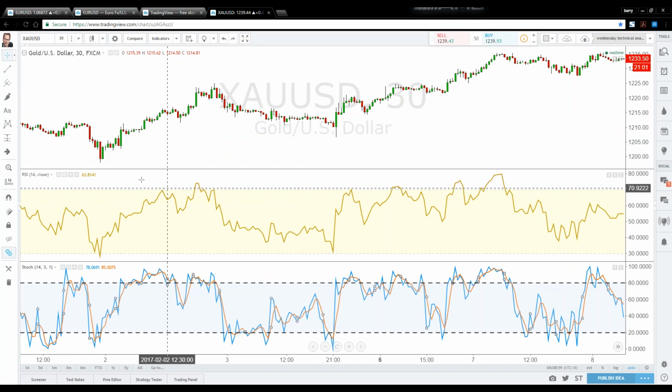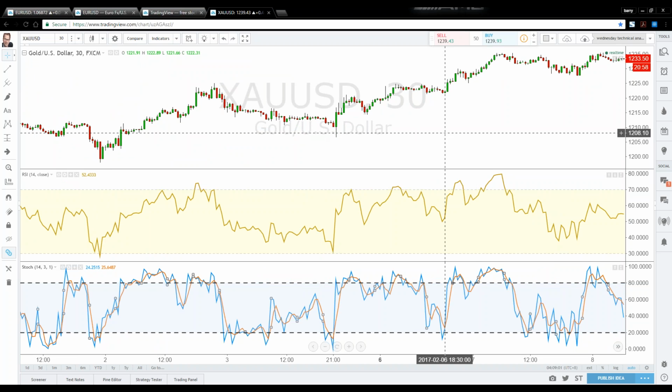Now, we see price up above in the candlesticks, but it doesn't matter to me which type of chart you're using, because these have nothing to do with the style of charting you're using, and they also adjust to the time frame, because the indicators, or in this case, the oscillators, are mathematical calculations that use price, and they adjust to the time segment you're using.